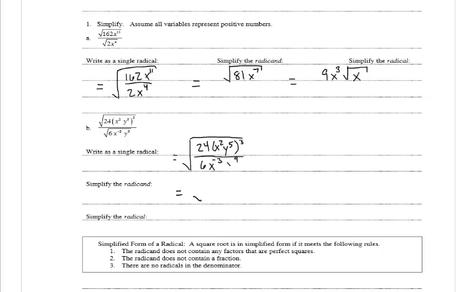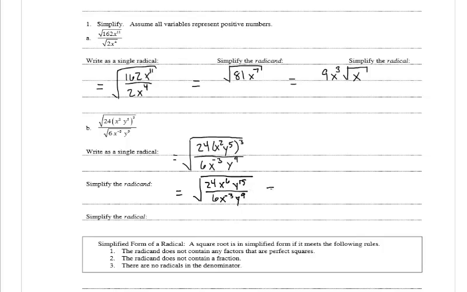So we have the square root of, and the first thing I want to simplify is everything in the parentheses in the numerator. So I have 24, and now x squared cubed is x to the 6th, and y to the 5th cubed is y to the 15th, all divided by 6x to the negative 3 y to the 9th.